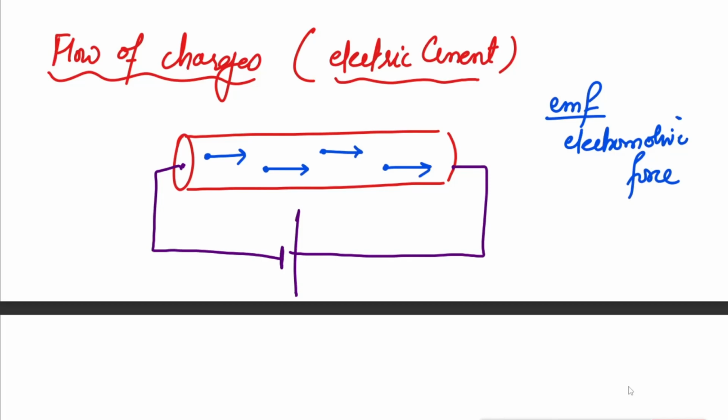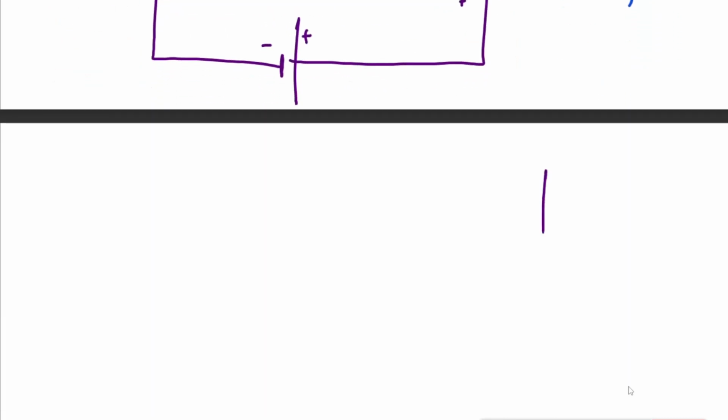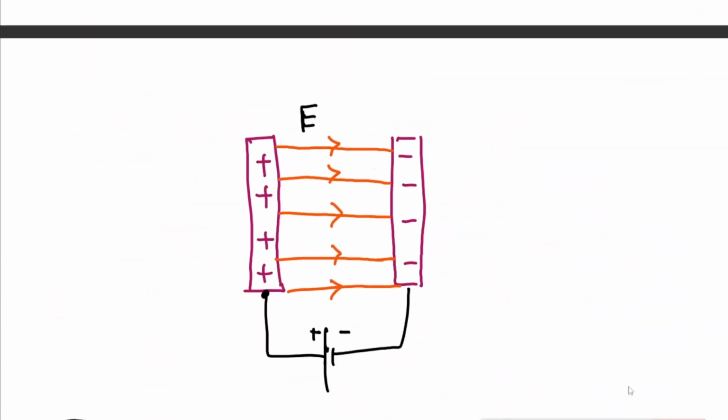And why is that happening? Because of the battery, there is a negative charge on this side of the conductor, and a positive charge on this side of the conductor. Most likely they behave like two parallel plates, like the way we have done before, the electric field between two parallel plates.